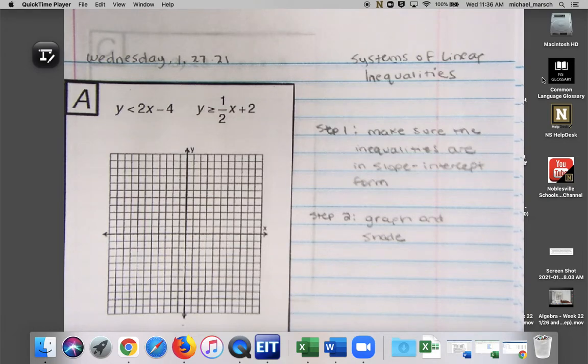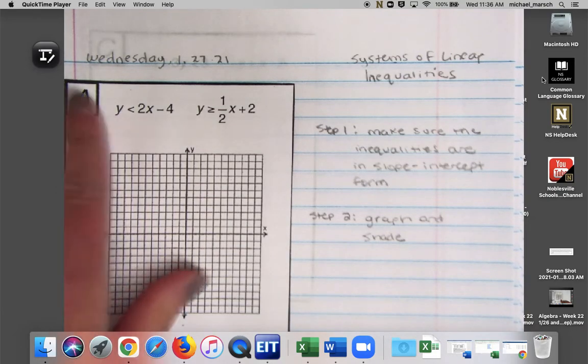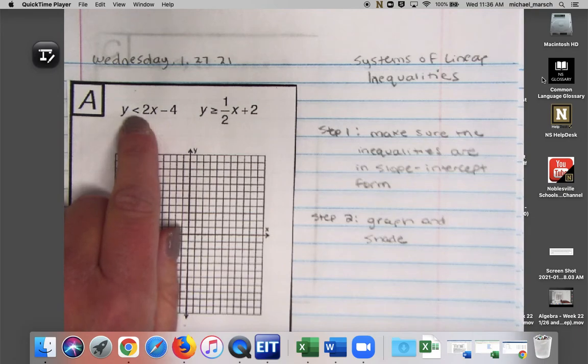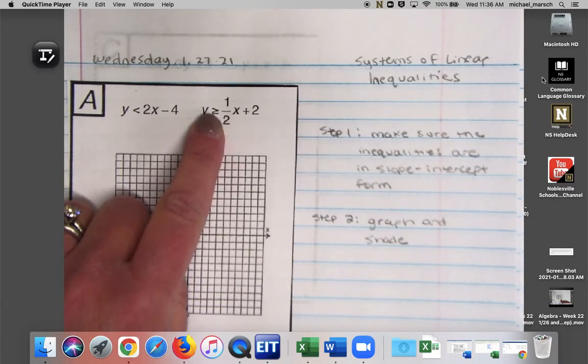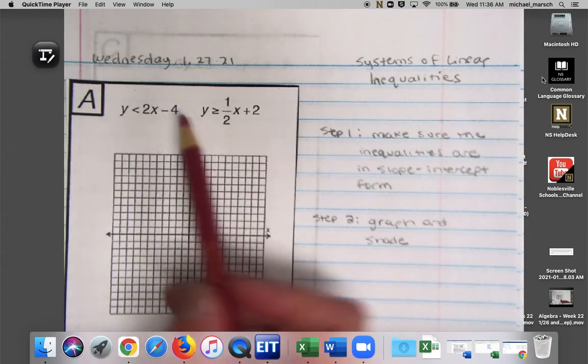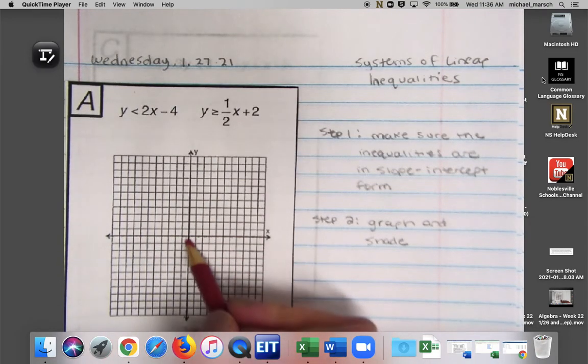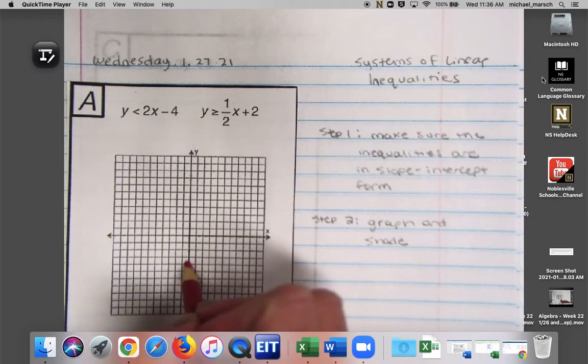Okay, let's refresh our memories. What kind of line do I have if it's just greater or less? Dotted. Dashed, right? Dotted, dashed. And then if it's equal to, it is? Solid. Okay. So my y-intercept for this first one is -4. My point.